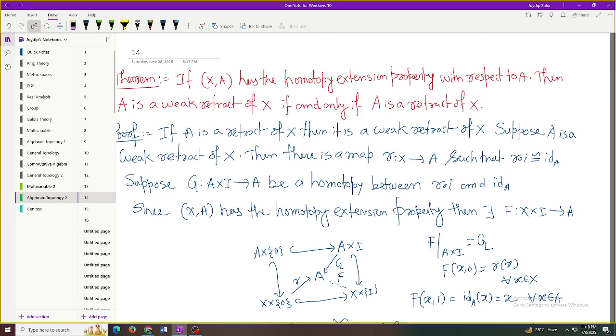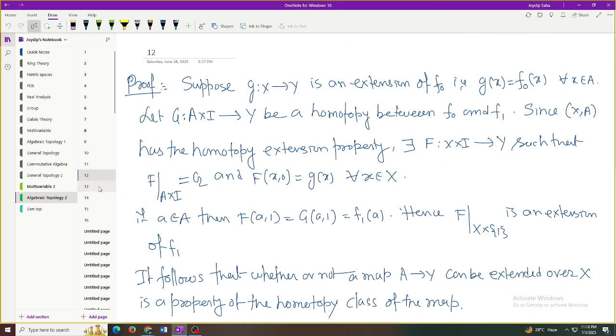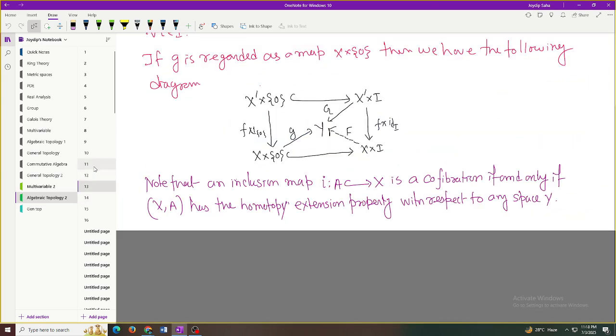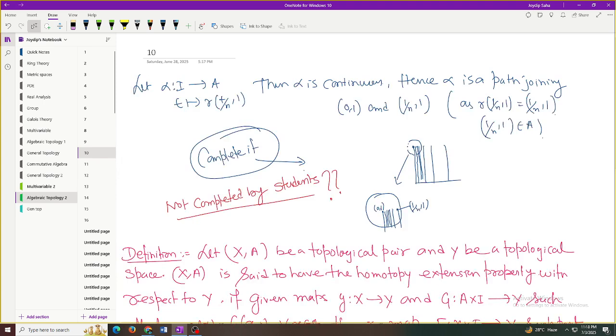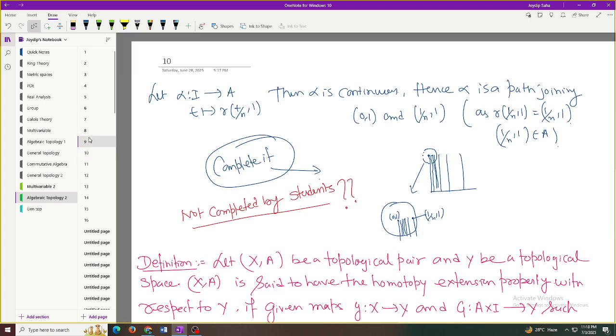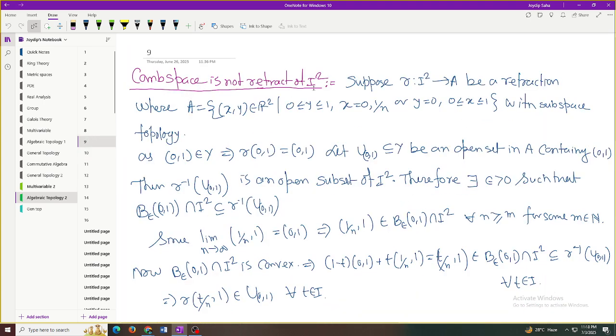If the pair (X, A) has the homotopy extension property, then A is a weak retract if and only if A is a retract of X. You know that if A is a retract of X, then A is a weak retract, but the converse is not true. For example, we have shown this example. This cone space is not a retract of it, but it is a weak retract.